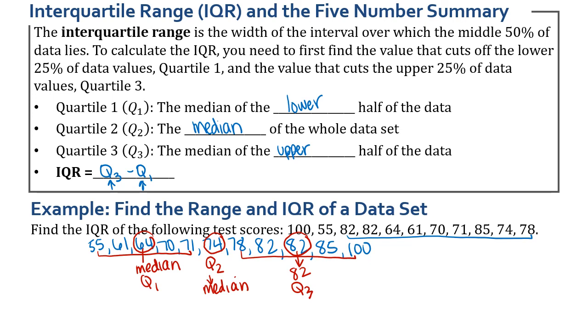To find the interquartile range, IQR, we take 82 minus 64, and that gives us 18. That is a much better idea of the spread of most of this data. So the middle half of the data has a spread of only 18 points, versus the entire range of the data set, which we found was 45.